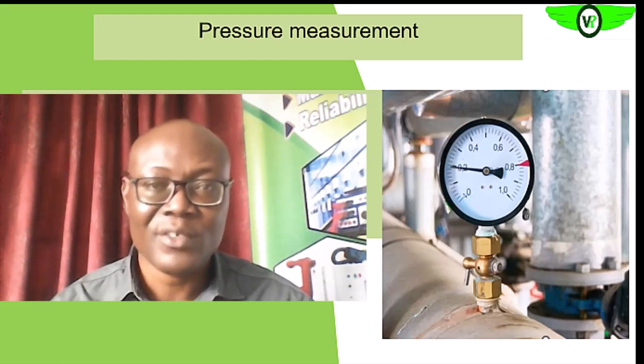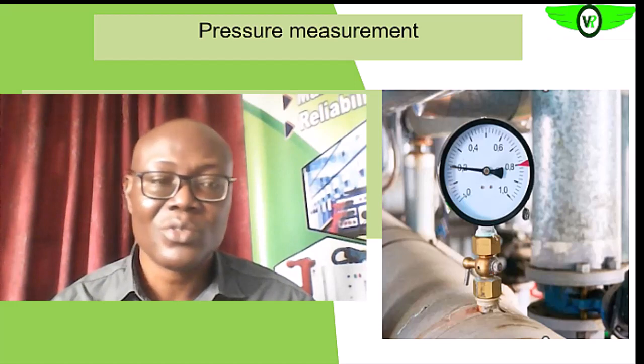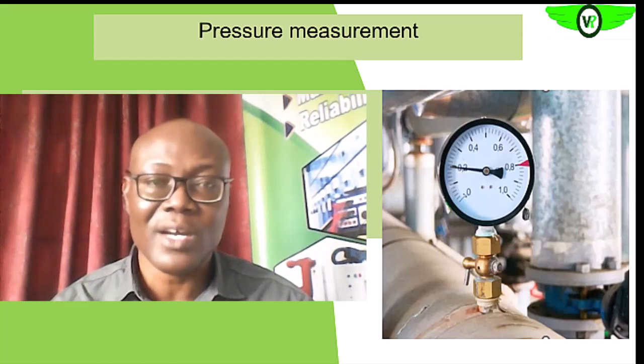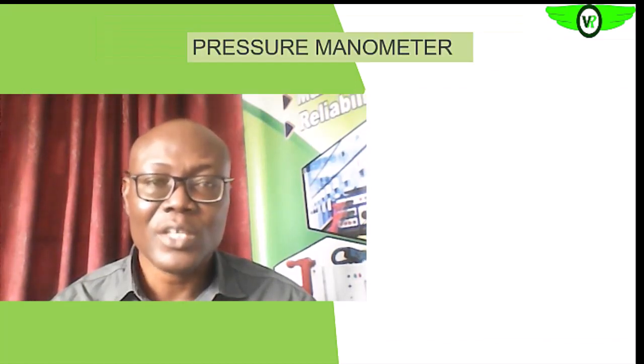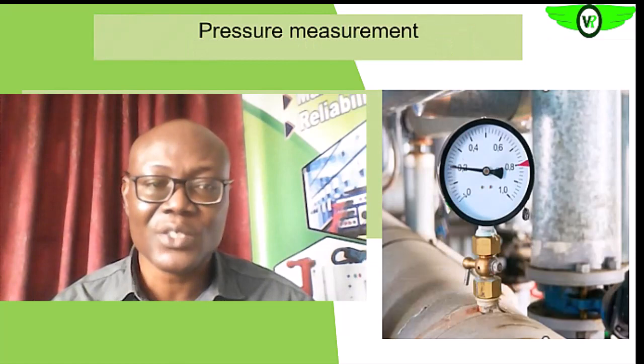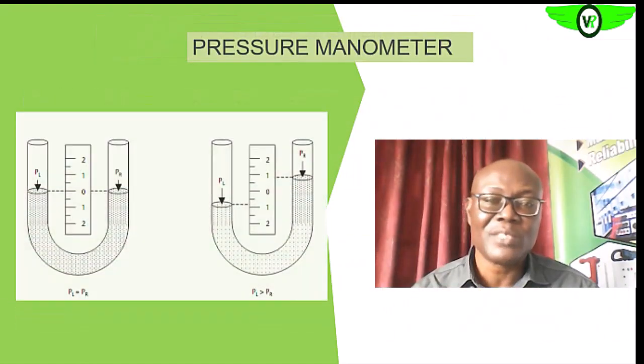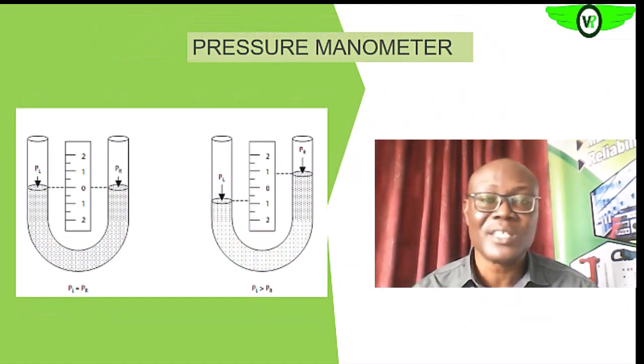These are sensors that could be used to monitor pressure, or look at the pressure in our process. So let us look at the first one, which is the pressure manometer. The pressure manometer is one of the simplest pressure sensors.